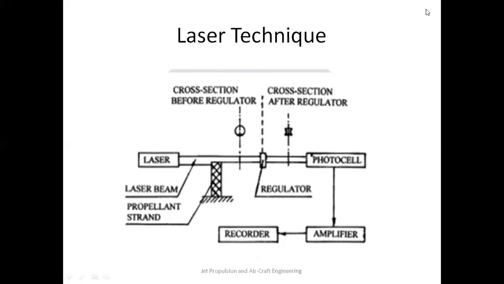You can see the laser light which is falling on the propellant strand. After the combustion of the propellant strand, the laser beam which is falling on the propellant strand goes through the regulator and photocell, and is passed to the amplifier, where the beam is amplified and then recorded to calculate the burning rate.